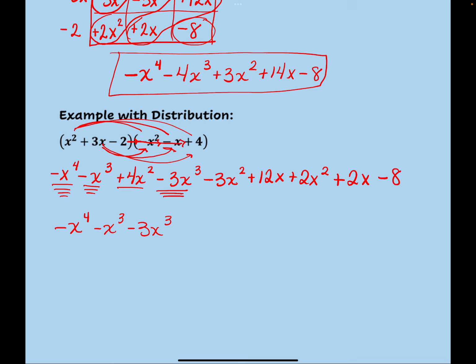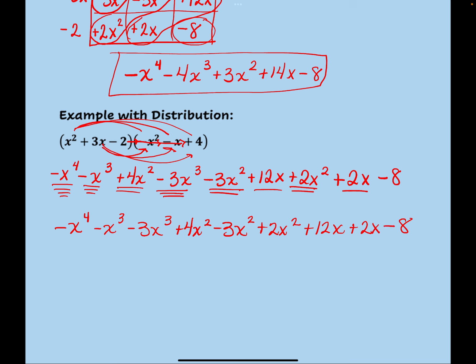Then I have positive 4x squared. Then I have negative 3x squared. And positive 2x squared. And then we have positive 12x, positive 2x, and then our constant term, negative 8.